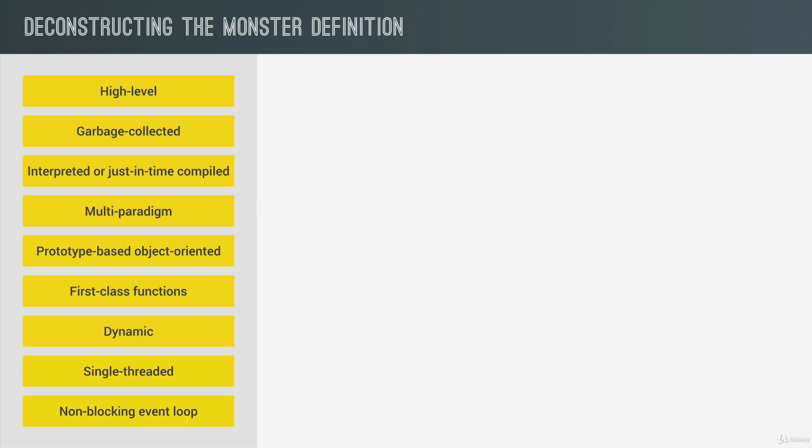But anyway, let's now finally talk about the single thread and the non-blocking event loop concurrency model. Now, this is a really complex topic, and probably the most complex one of the whole course, which is why it's kind of at the end of the course. And therefore, I'm not going to go into specifics here just yet, but instead I will just define some things here. First, what actually is a concurrency model? Well, it's just a fancy term that means how the JavaScript engine handles multiple tasks happening at the same time.